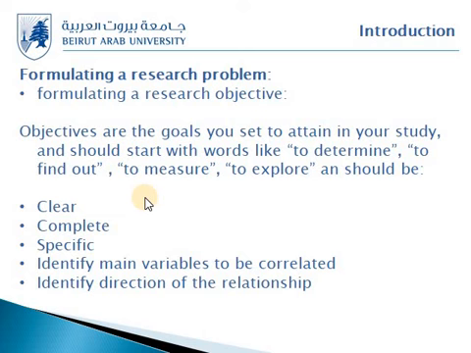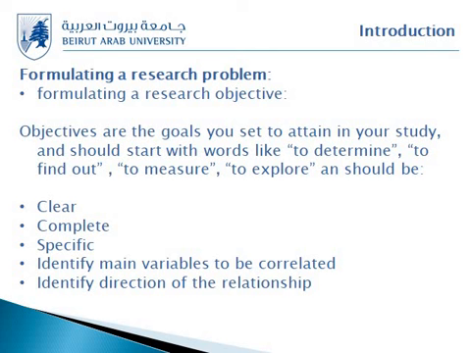When writing the main objectives, it's very important to use phrases like these: to determine, to find out, to measure, to explore. And the objectives should be clear, complete, specific as much as possible, because the way the main objectives and the sub-objectives are worded determines how your research is classified, whether it's descriptive, correlational, experimental.